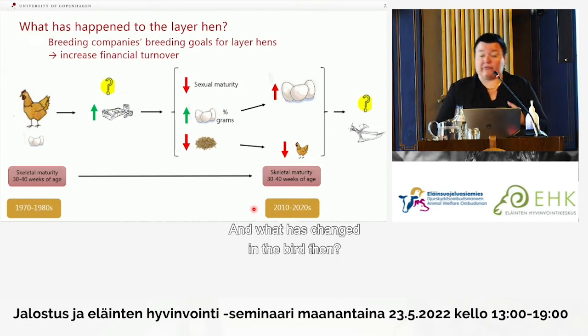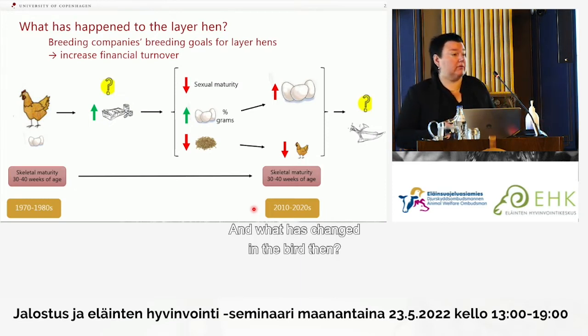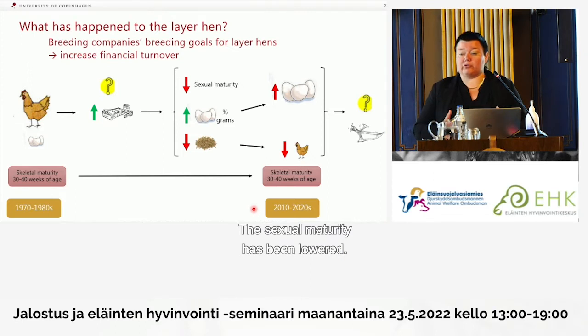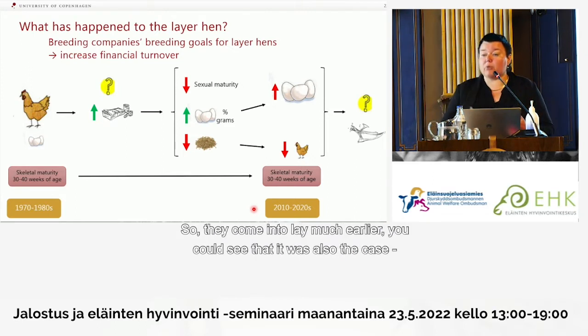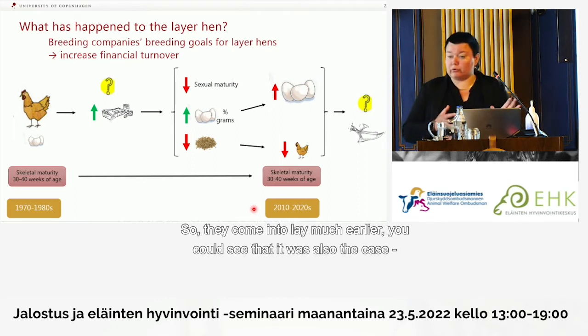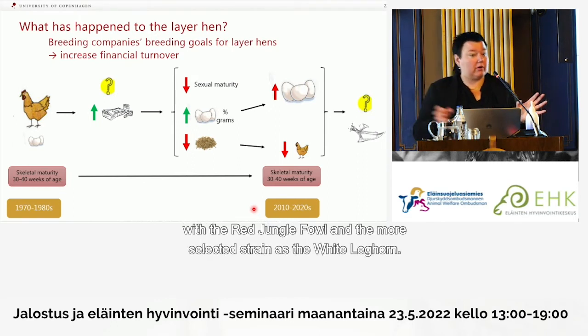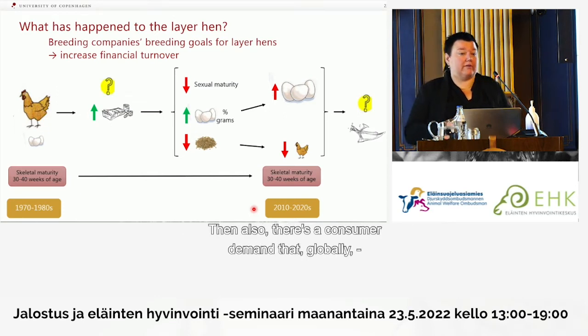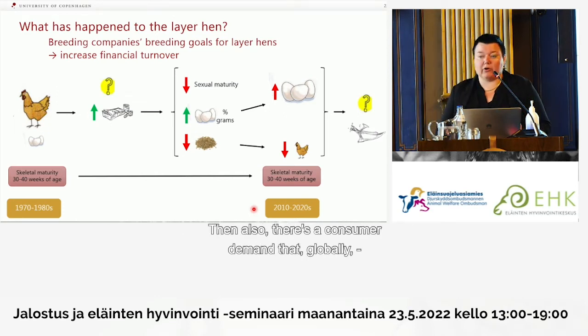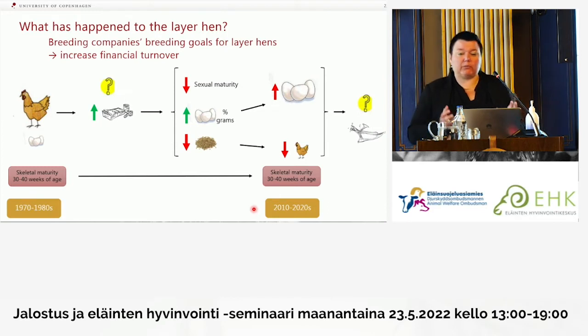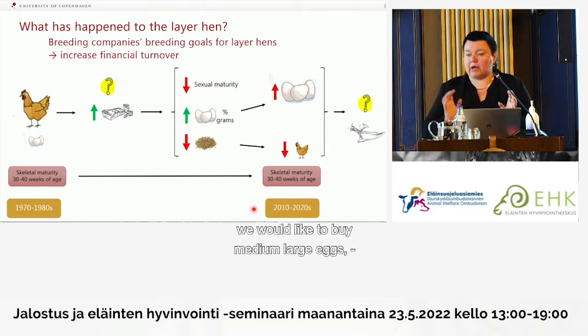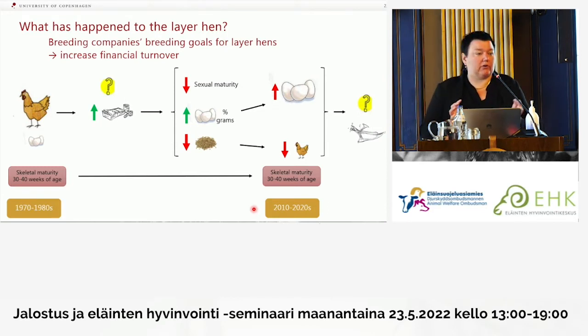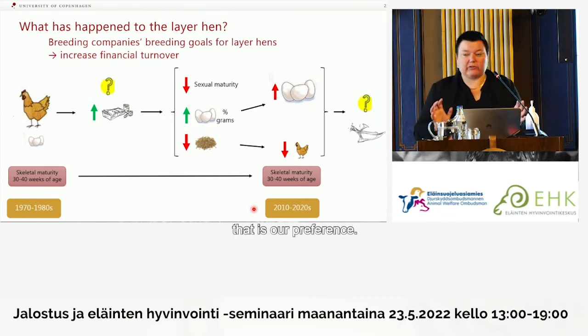And what has changed in the bird? The sexual maturity has been lowered, so they come into lay much earlier. You can see that this was also the case with the red jungle fowl and the more selected strain, the white leghorns. Then there's also a consumer demand that globally we would like to buy medium large eggs. That is our preference.